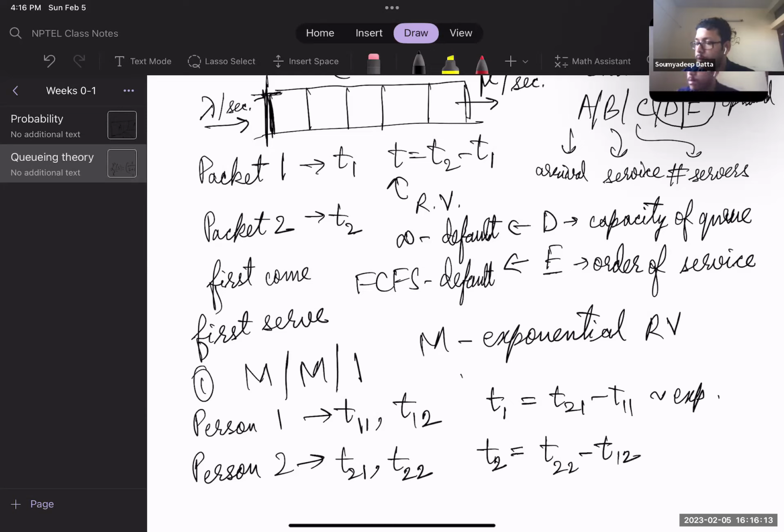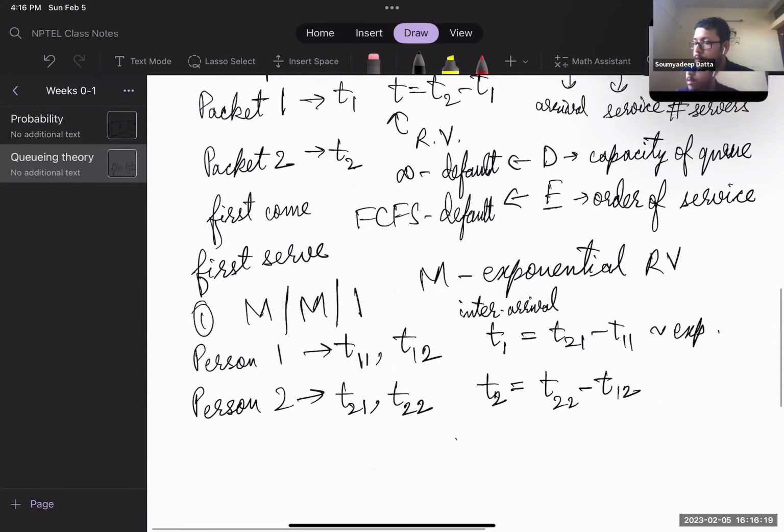This is inter-arrival, and this is inter-departure, right? Both of these random variables, inter-arrival and inter-departure, are exponential random variables. So this is the meaning of MM.